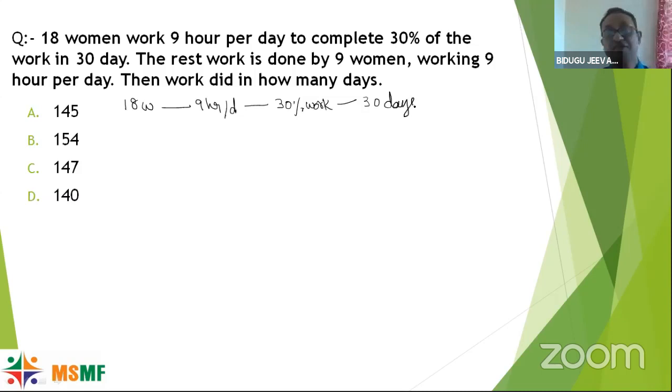So wonderful information is given clearly. The rest of the work, that means remaining 70% of the work by 9 women, working 9 hours per day, then work done in how many days? This is the question mark. Tell me the answer now.